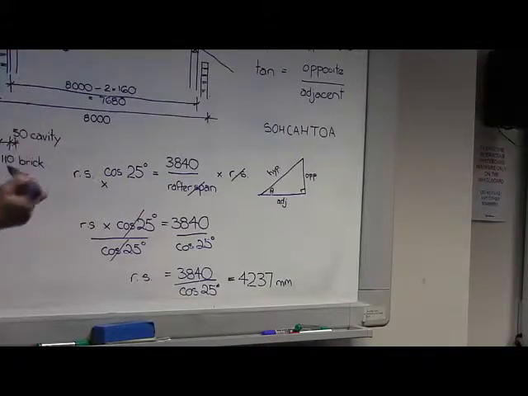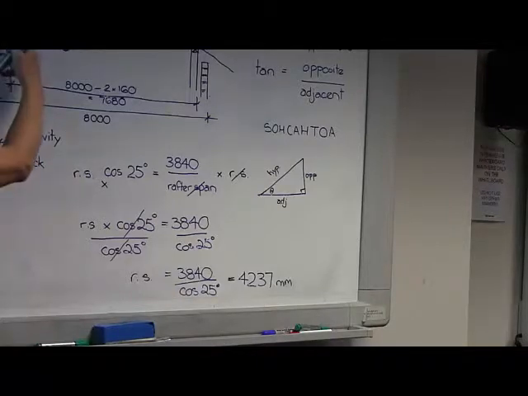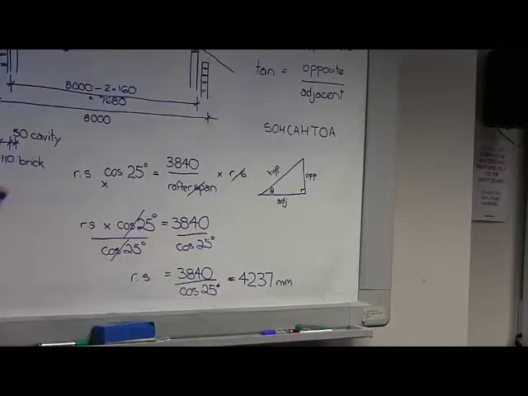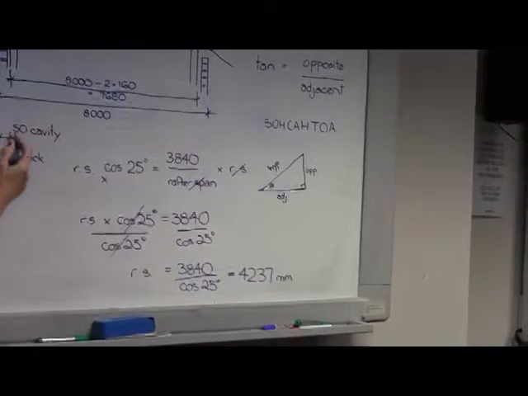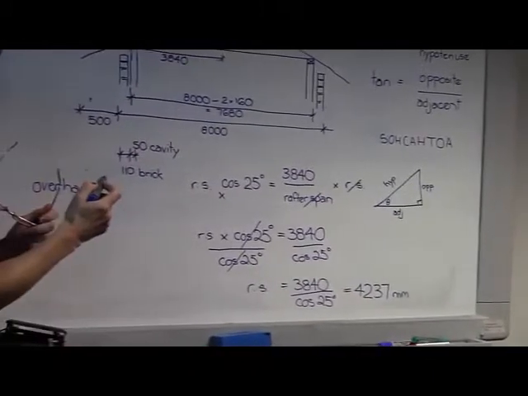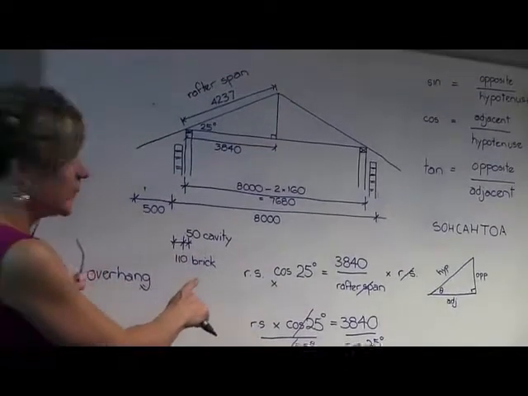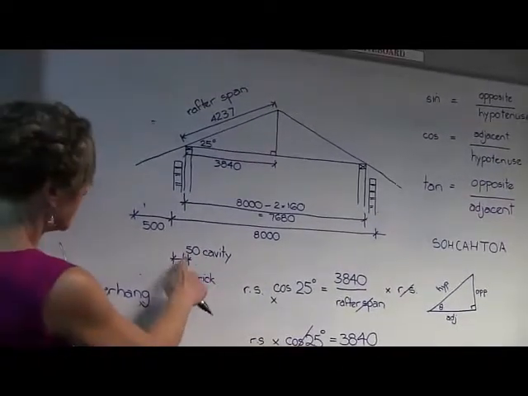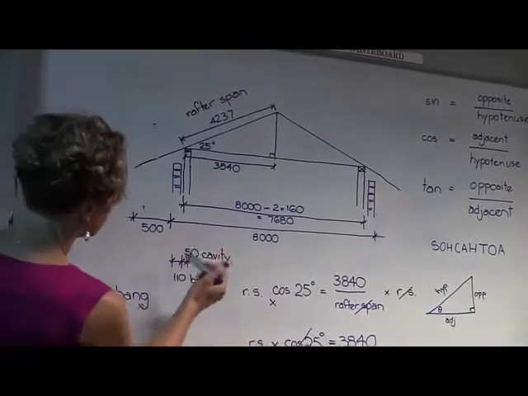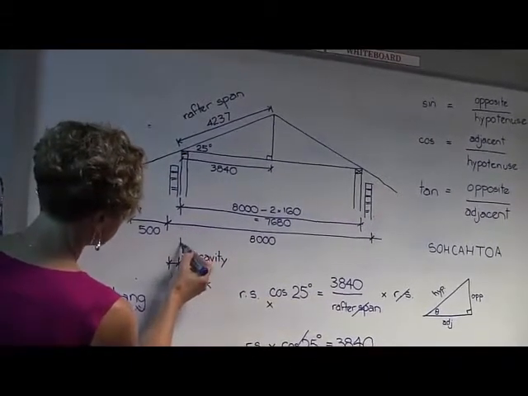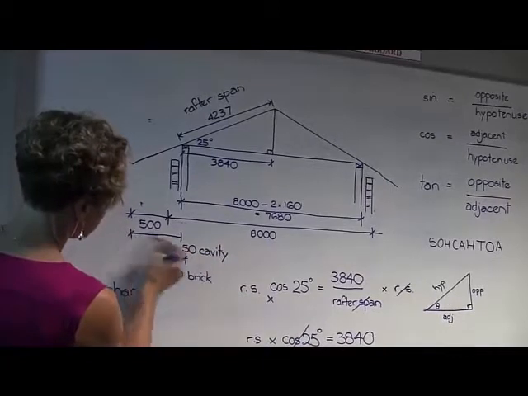So how do we work out the overhang? The overhang is not from there to here, it's from there to here. Before we subtracted, now we have to add. The 110 of the brickwork and the 50 cavity we add to the 500.